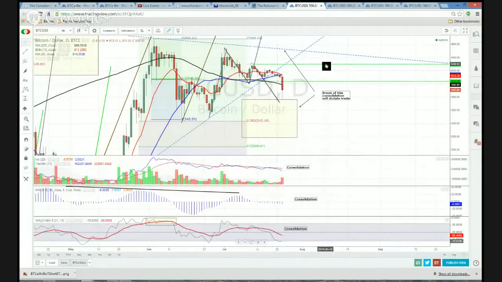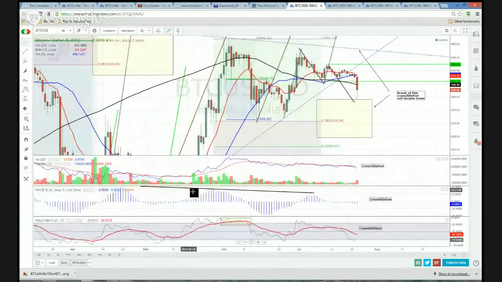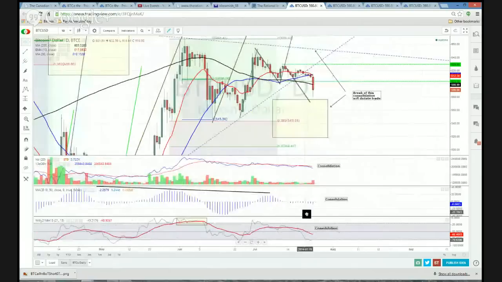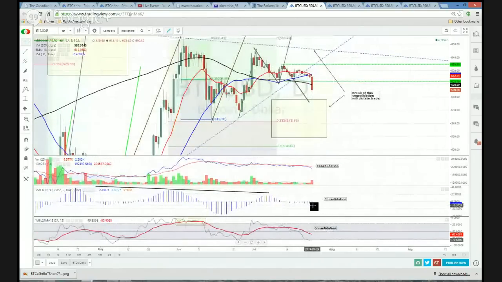The fail of this trading range here is bearish. The fail of this trend line is bearish. The MACD bear momentum divergence that's been working for quite some time is still in place, so that's bearish. Williams percentage R, our Willie is not stupid in either condition, and we've rolled over and confirmed below the 50 line.